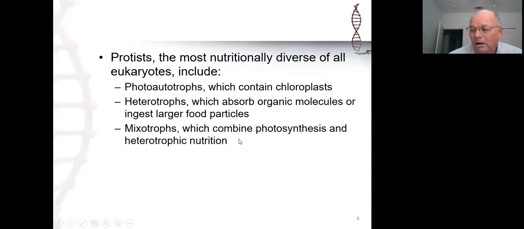And then I've already mentioned the idea of photosynthetic and non-photosynthetic protists and mixotrophic protists. So let's just nail that down in terms of their nutritional diversity. So photosynthetic protists are photoautotrophs. They possess chloroplasts and they carry out photosynthesis. They may not necessarily be green.